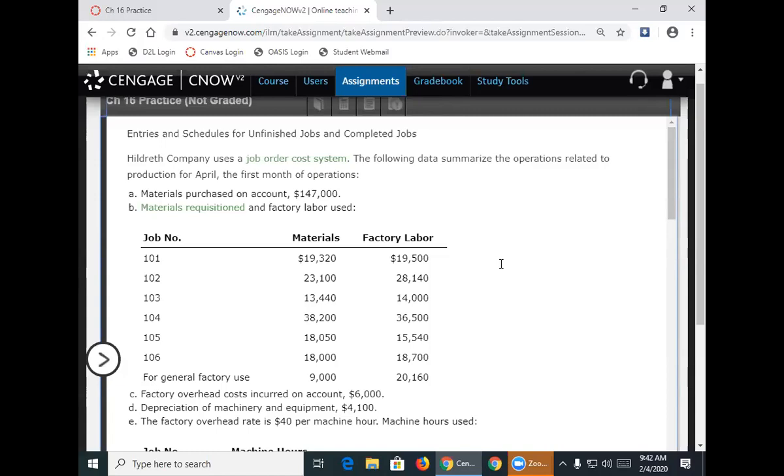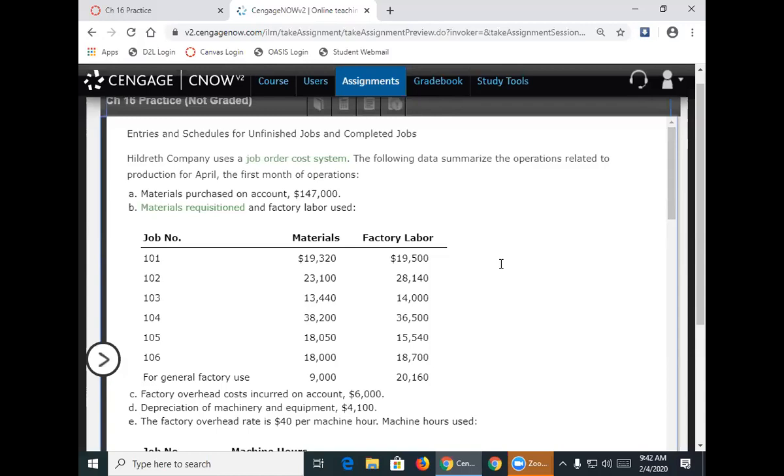So we know direct materials are flowing into work in process, 130,110. And then they told us we also have indirect materials. Where do I put indirect materials? Factory overhead. Very good. I forgot to write that one down. I'm going to run out of room, but that's okay. Remember, we have that factory overhead account.